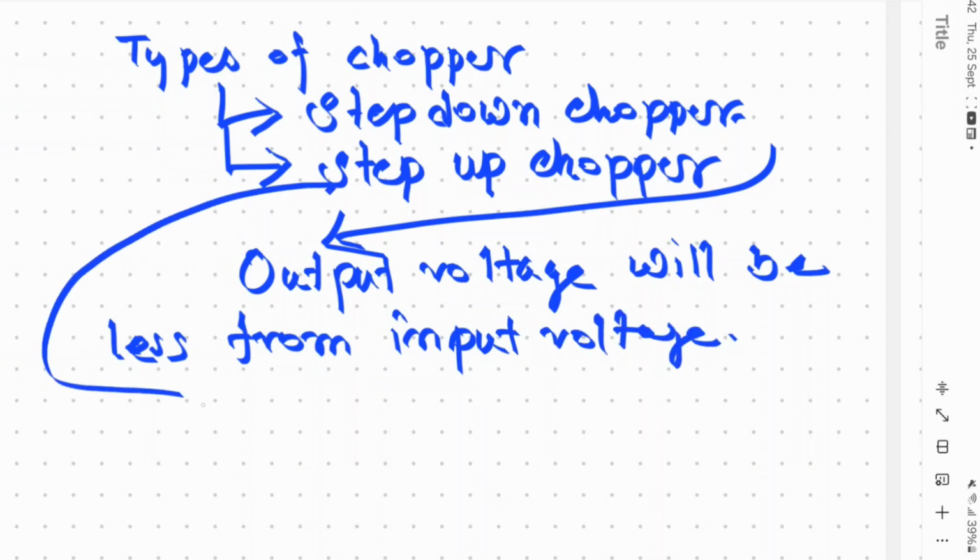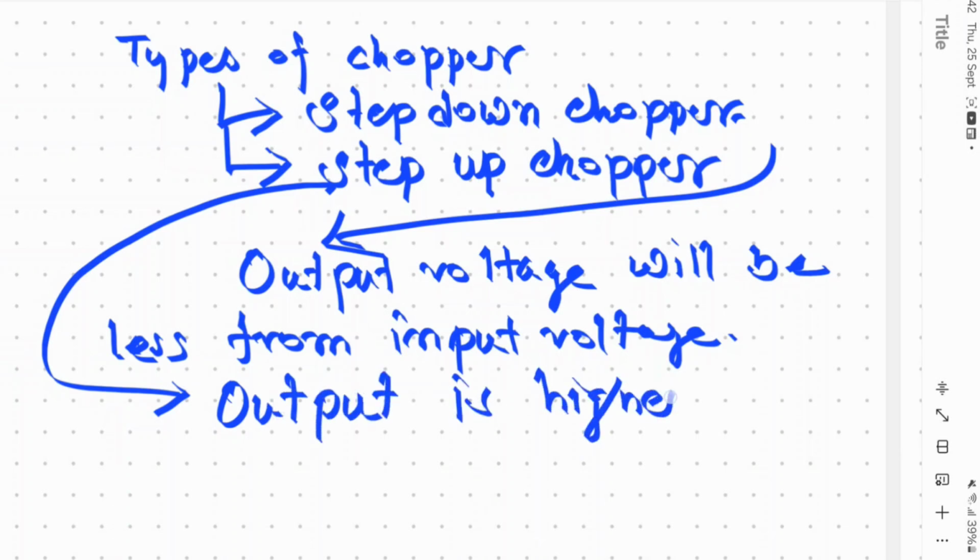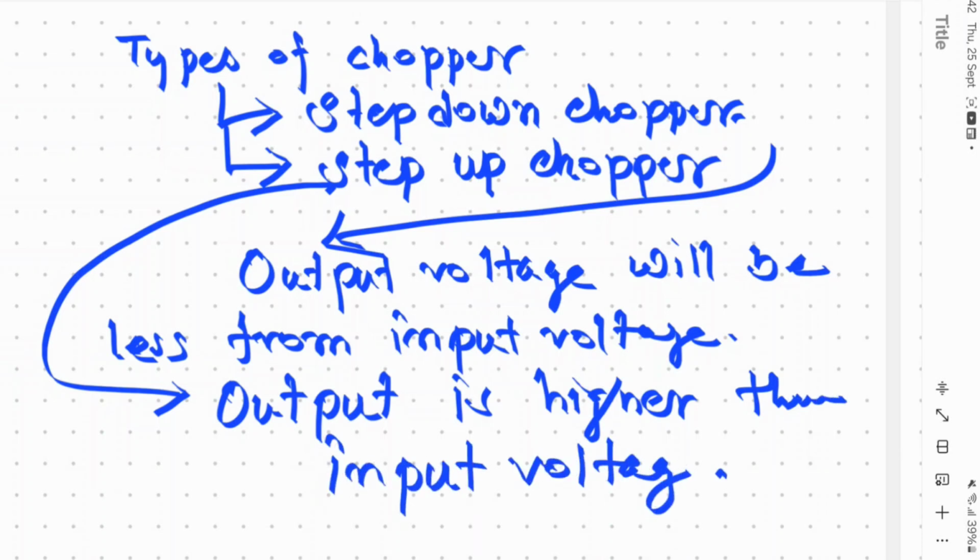In case of a step up chopper, the output is higher than the input voltage. So these are the two types, step down and step up chopper. Now elaborately we will understand the step down chopper for R load and RL load.